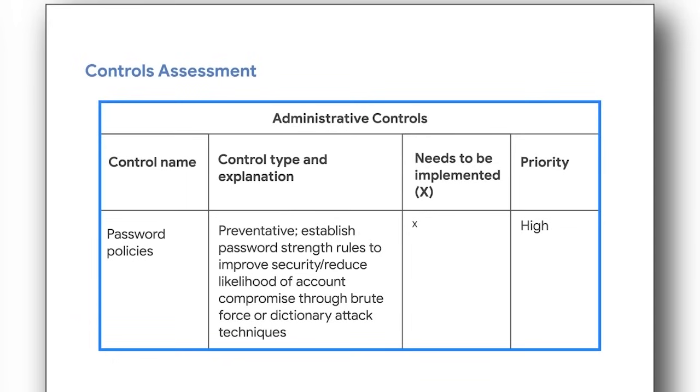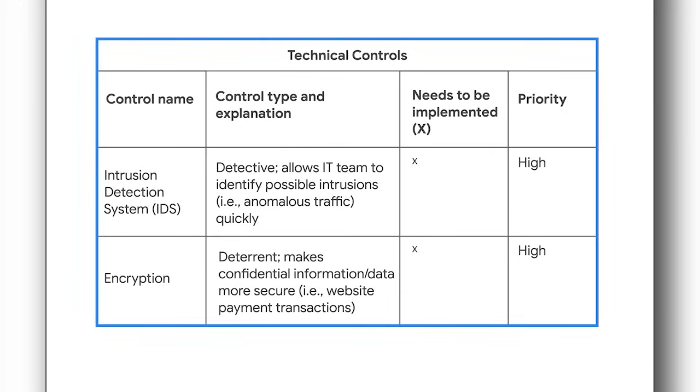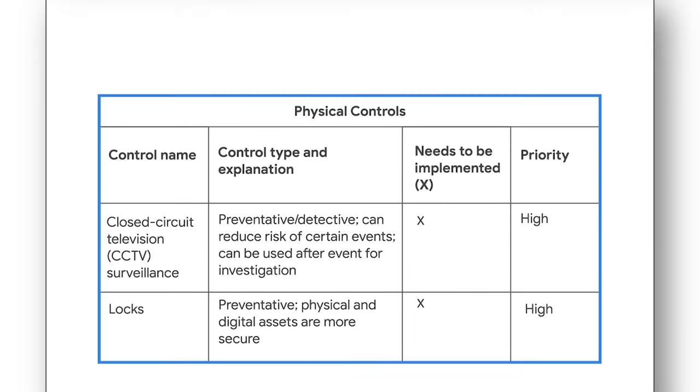They include policies and procedures that define how an organization manages data, such as the implementation of password policies. Technical controls are hardware and software solutions used to protect assets, such as the use of intrusion detection systems, or IDSs, and encryption.